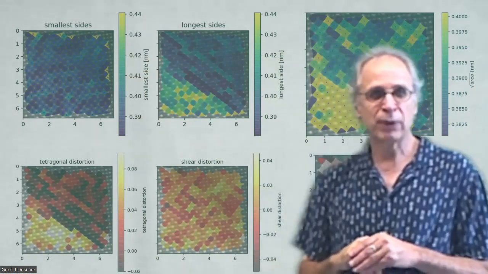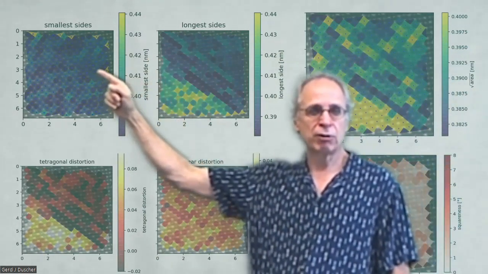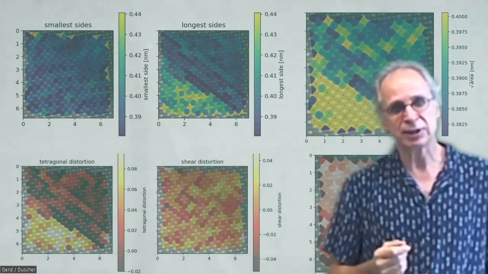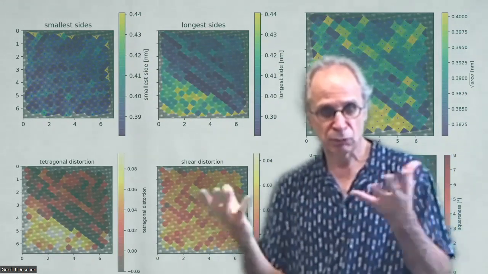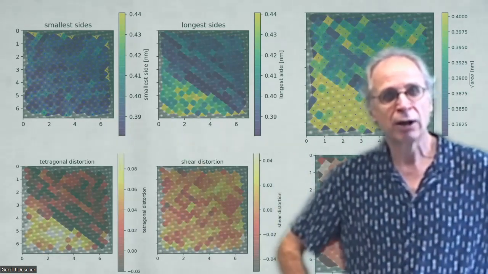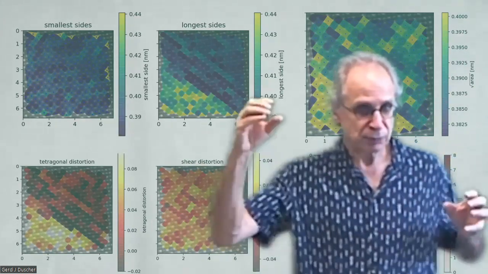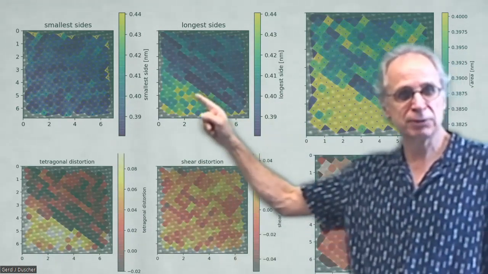The strain must be only directional. So we see here the smallest side are always the same. So we have that the same within our error bar, right? So we have only a tetragonal distortion, and this distortion is an elongation away from this interface.